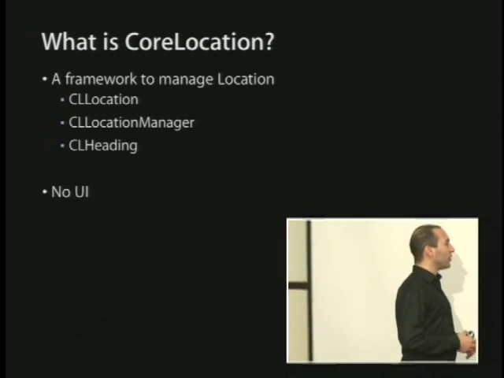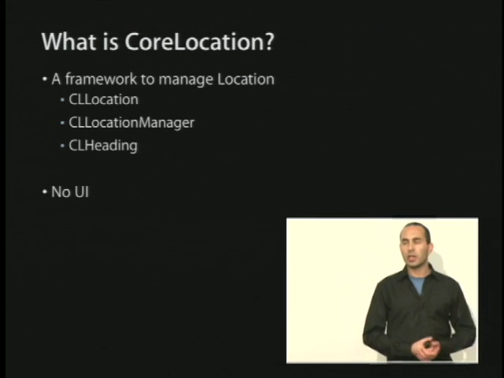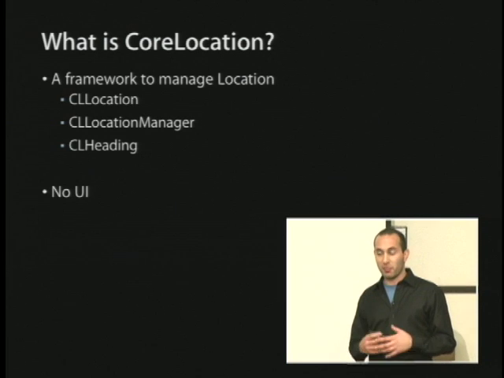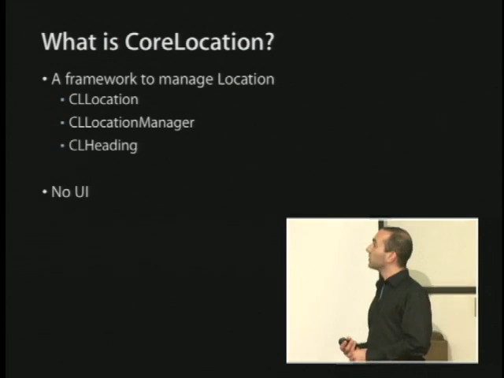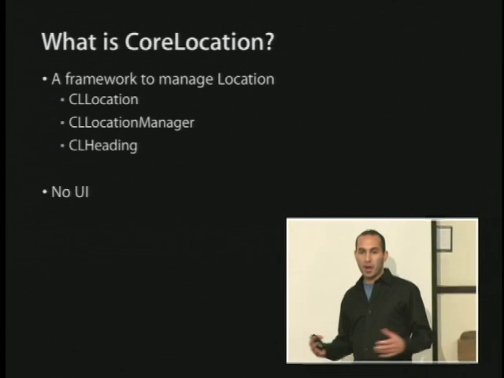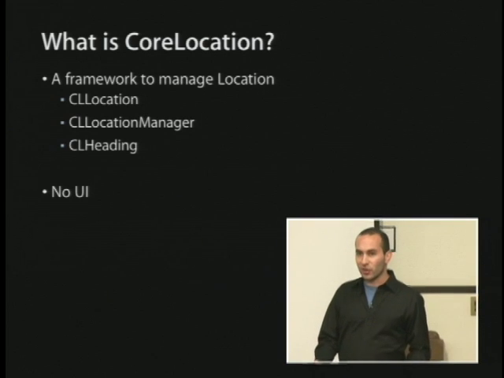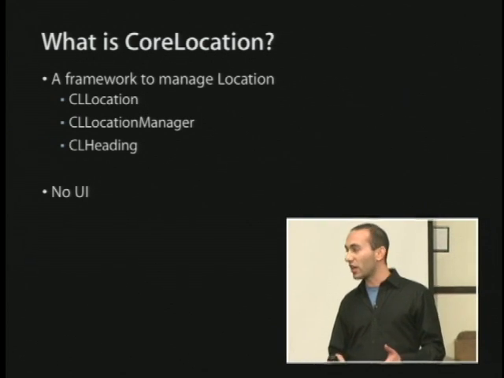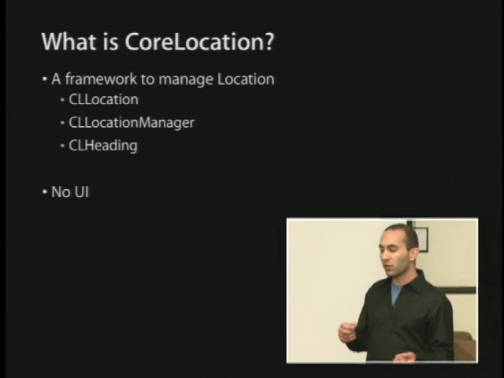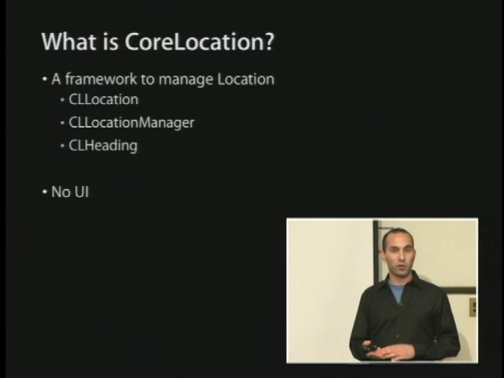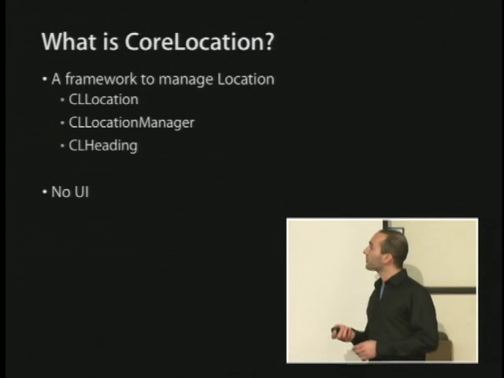The first one is CLLocation, and CLLocation represents a point and vector in the real world. So I'm at Stanford right now, in the education building, and I'm walking very slowly in this direction. CLLocation would represent that in terms of geo coordinates and a vector for speed and direction.